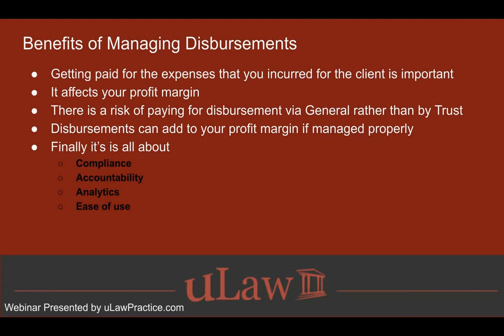Make sure that you record the event then and there. Any profit margin or marked-up value needs to be managed properly and in compliance, so don't use the trust account for any such marked-up component. And there's ease of use, analytics, and it's all about compliance.